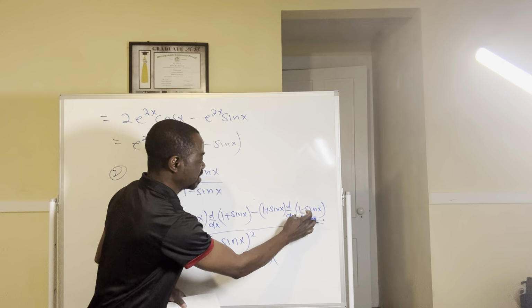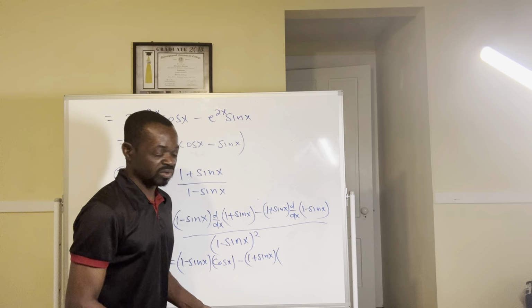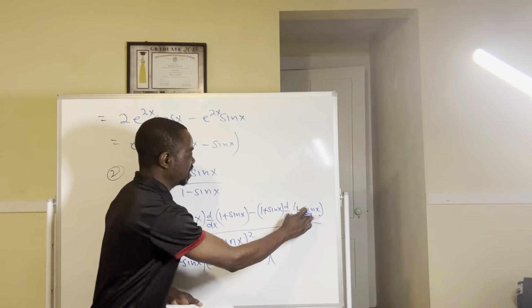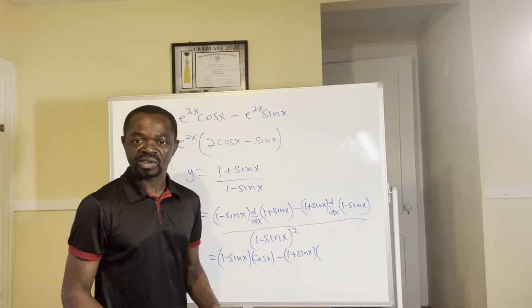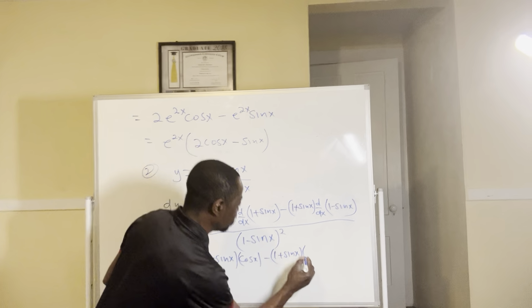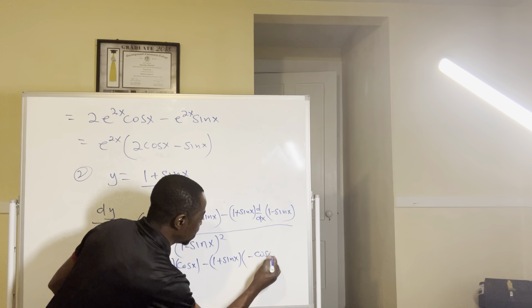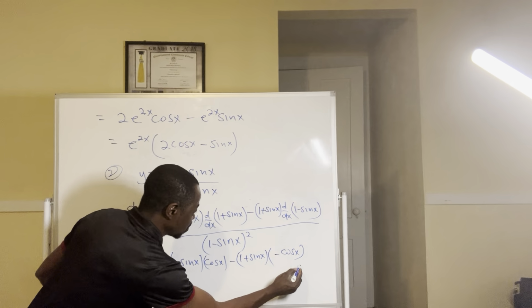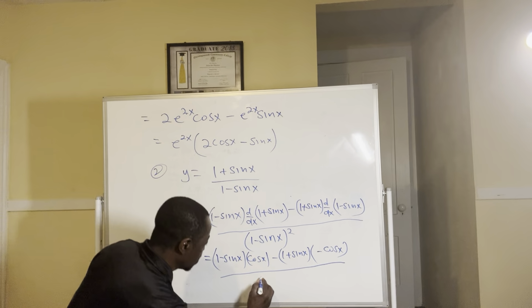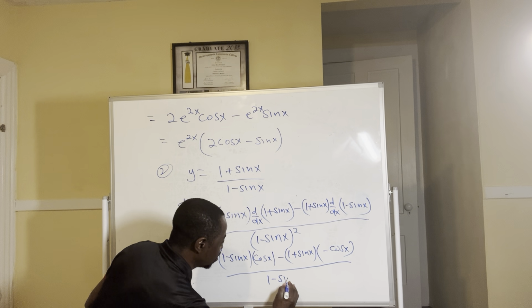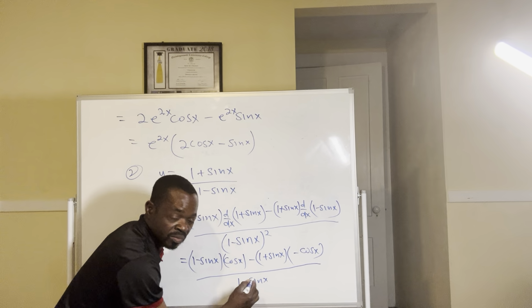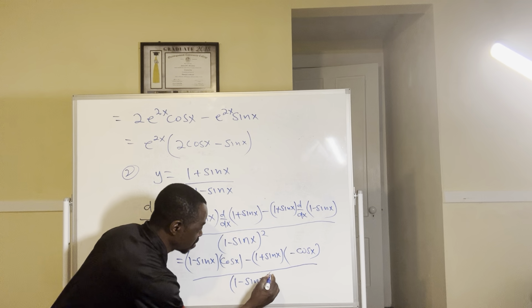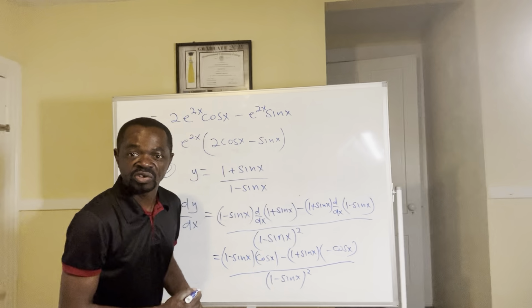When you differentiate 1, it gives us 0. If you differentiate minus sine of x, that gives us minus cos of x. This is all over 1 minus sine of x all raised to the power 2.